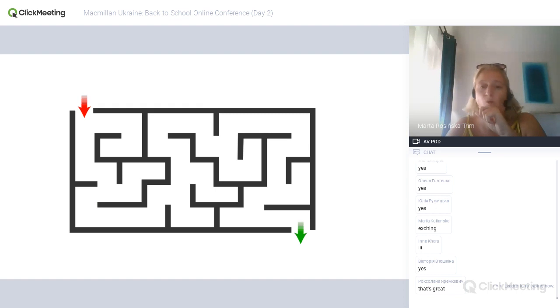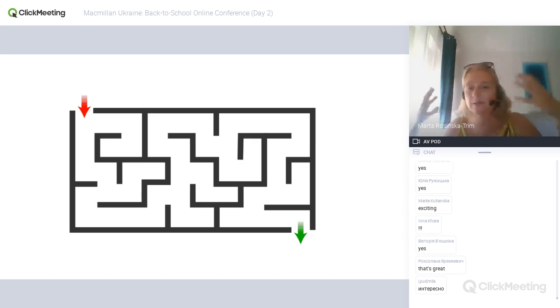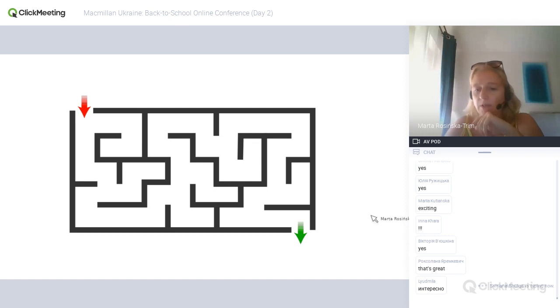Once you show them how this activity works, next time, third time, fourth time, they can prepare such a maze for their friends. It's again teenage, active brain, hands busy, so maybe they won't be reaching for their mobile phones that often. So that's another one that I use very often for revision, especially vocabulary and chunks.